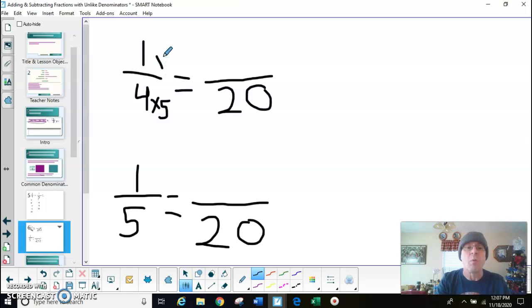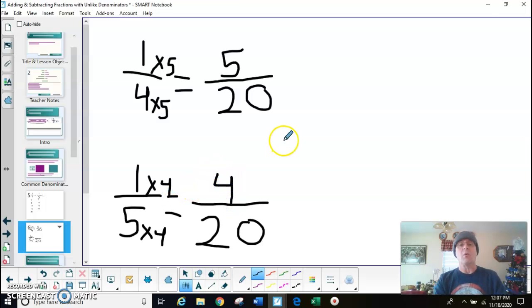So I need to times 1 times 5 also. 5 20s. Now we've got to do the same with my fifths. What times 5 equals 20? 4. So I'm going to times this by 4, and then I'm also going to times my numerator by 4.